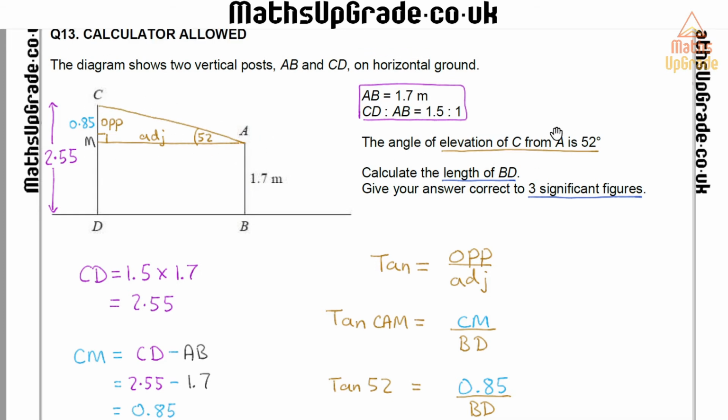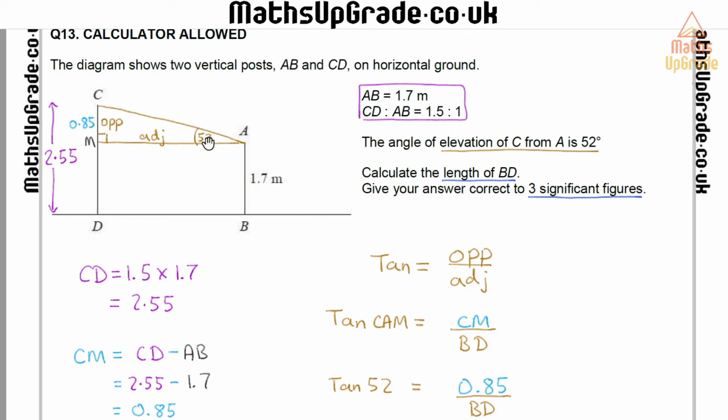Now this angle of elevation, like I said earlier, is the angle between the horizontal and the direct line from A to C. So that there is 52 degrees. So now with that angle and that right angle, I've got a right angle triangle. I can apply trigonometry now to the rest of this question. Since I need to work out the length of BD, that's essentially the same as the length of AM, since they're parallel and they're equal in length.